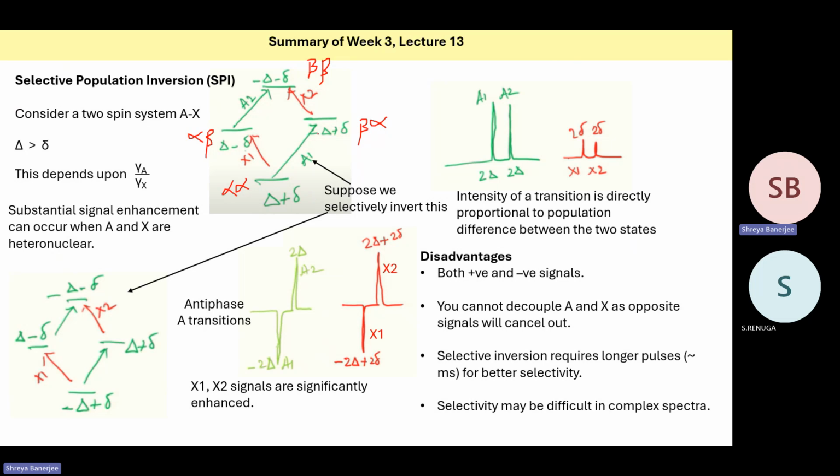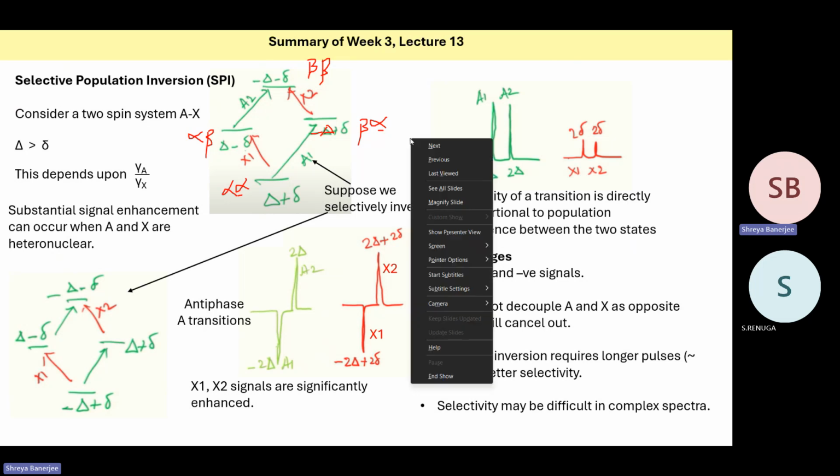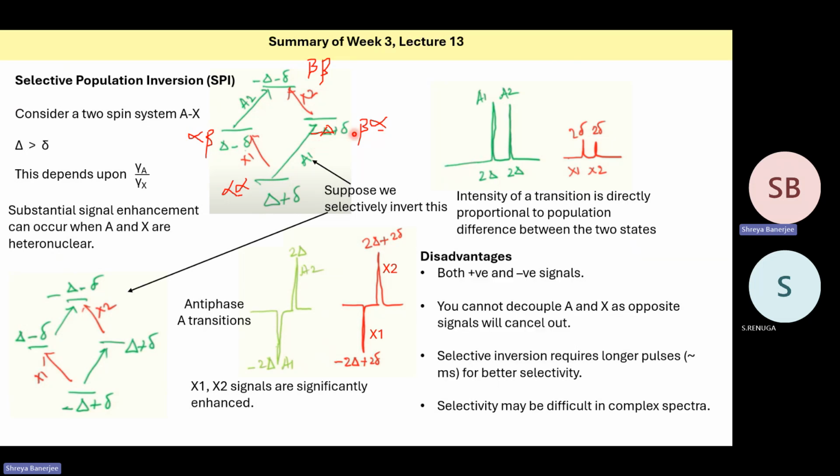In beta alpha, it will become minus delta plus delta, because the population has inverted for the first spin while the second one remains as alpha. In alpha beta, it will be delta minus delta. And in the upper one, it will be completely negative of the lower, that is minus delta minus delta. Just remember that when going from alpha to beta, the population inverts.